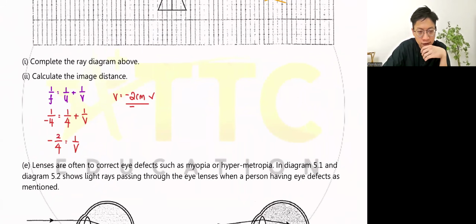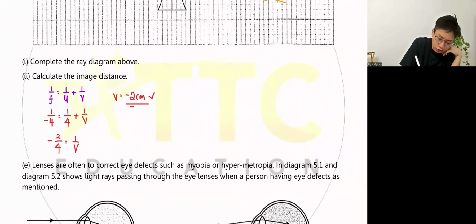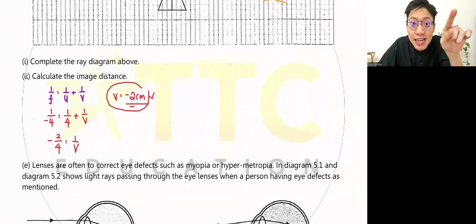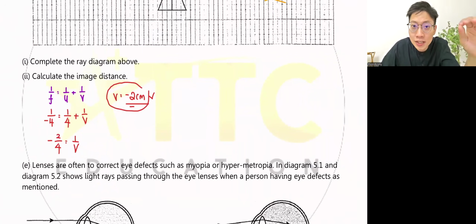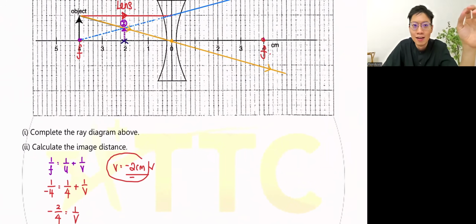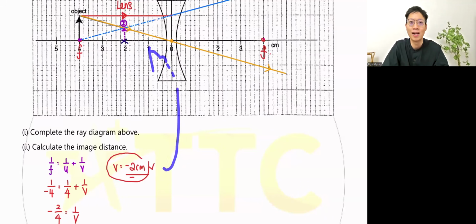Okay? And so guys, is this answer logical? Is this answer correct? Can we check? Where is our image? V stands for image distance, right? Our image distance is now located at, you see, 2 cm. So my calculation can actually make sense back to my answer. Interesting.